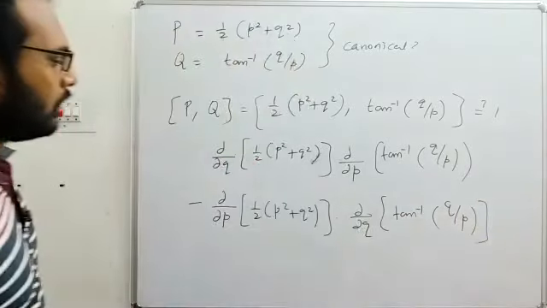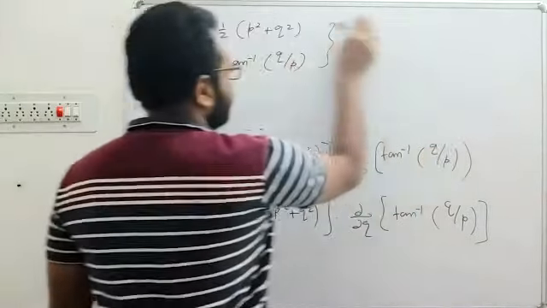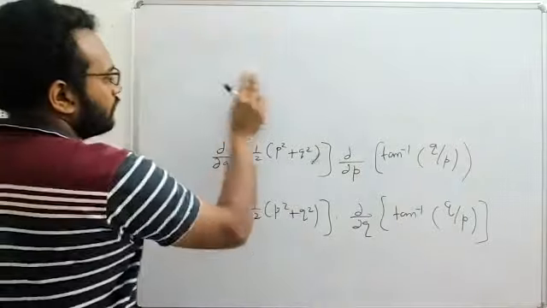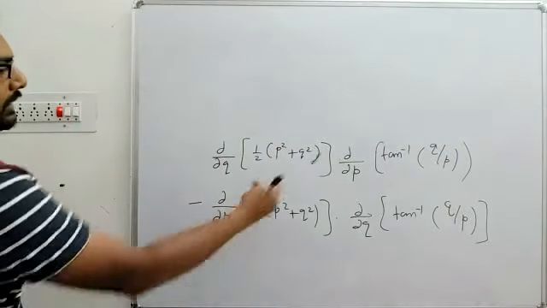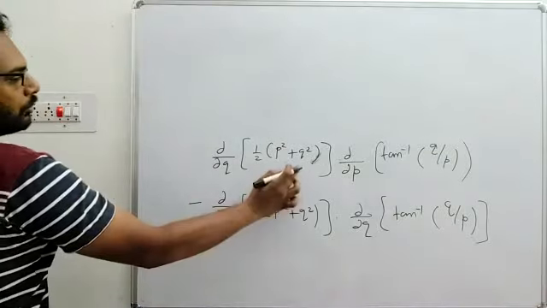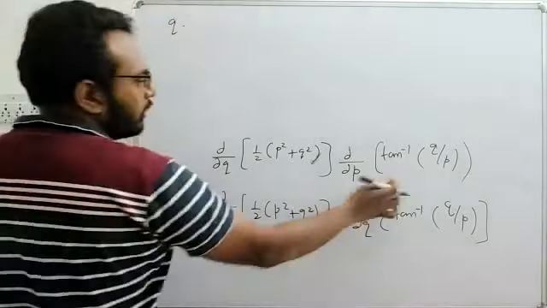Okay. All right. Now you just take the derivative. This becomes 2q divided by 2. So it's simply q. What's dou by dou p of this thing?